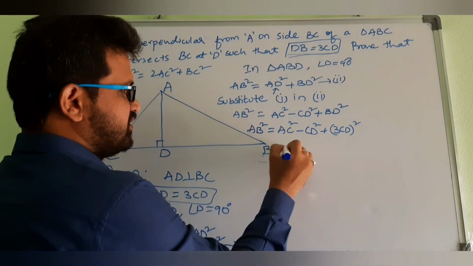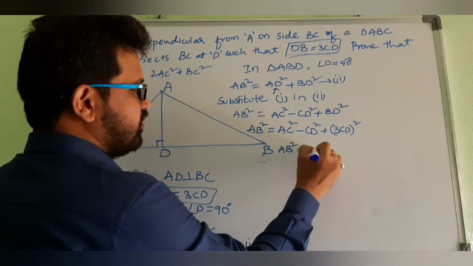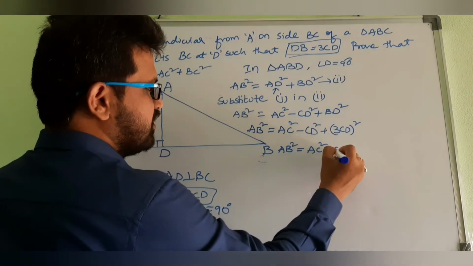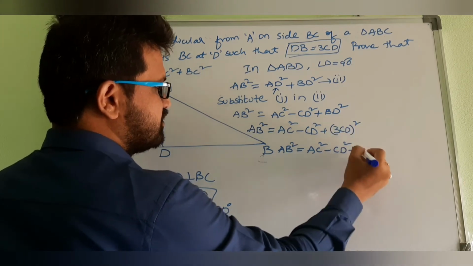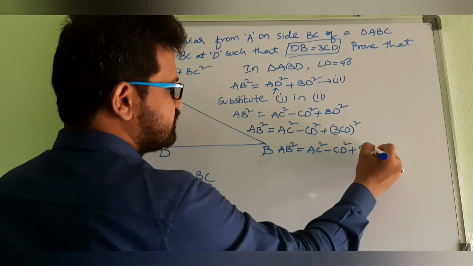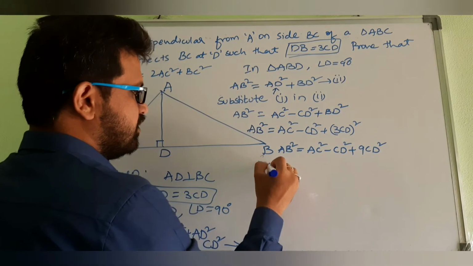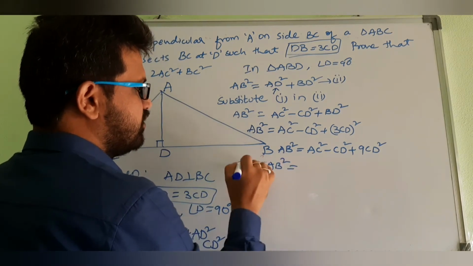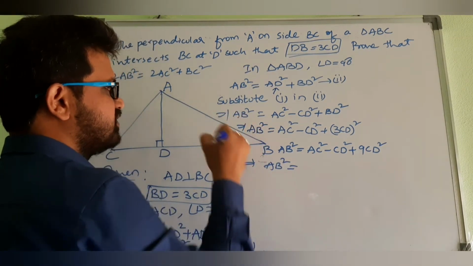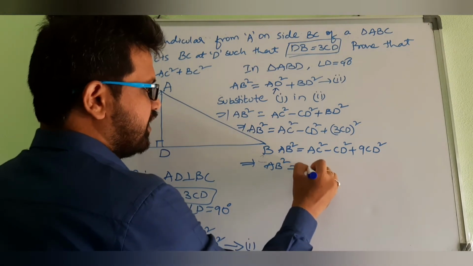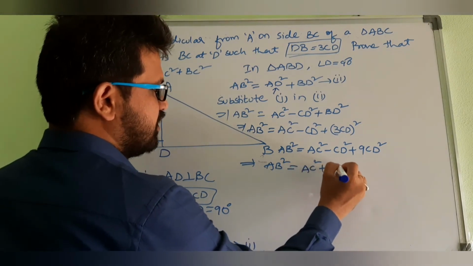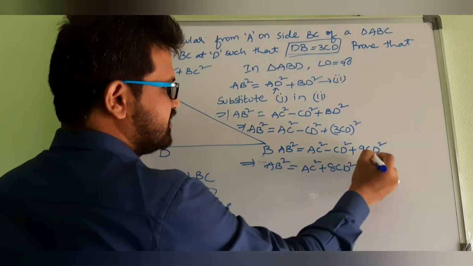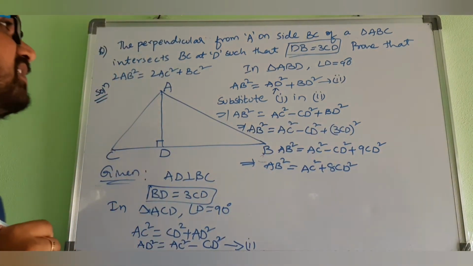So we get AB square is equal to AC square minus CD square plus 9 CD square. So AB square is equal to, keep the implies symbol every time, don't forget, AC square plus 8 CD square, since minus CD square plus 9 CD square is 8 CD square.